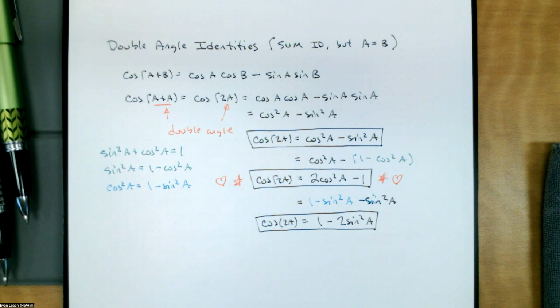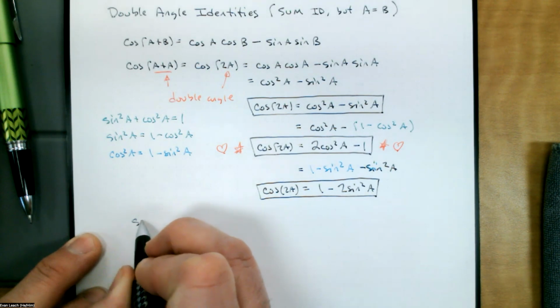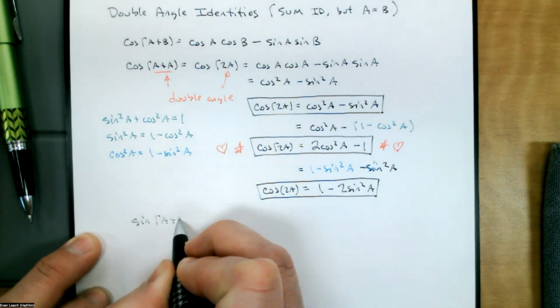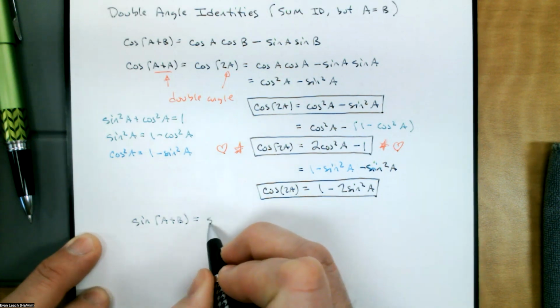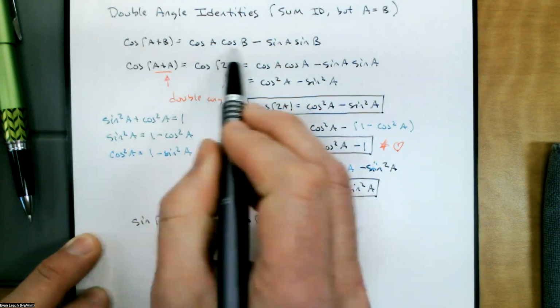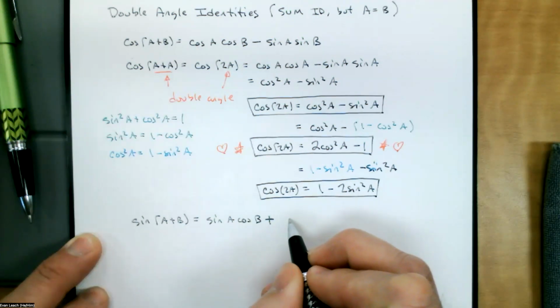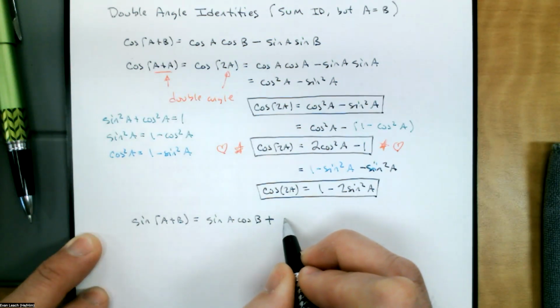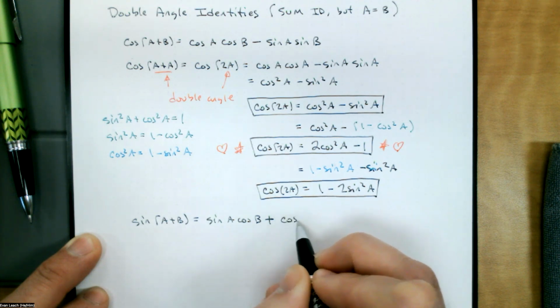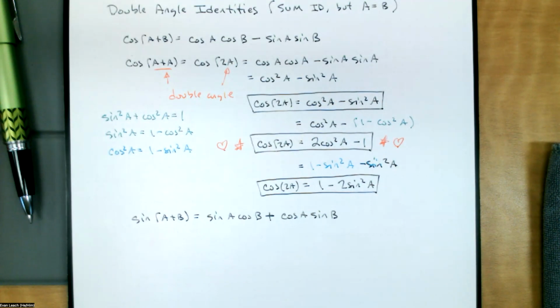Now, this is a double angle identity for cosine of 2A, but there's also one for sine of 2A. Remember, the sine of A plus B is the sine of A cosine of B, because it's the mixed one. Cosine is the same trig function, so sine is the mixed one. And sine also keeps the same sign. I'll do AB style since that's what the book does.